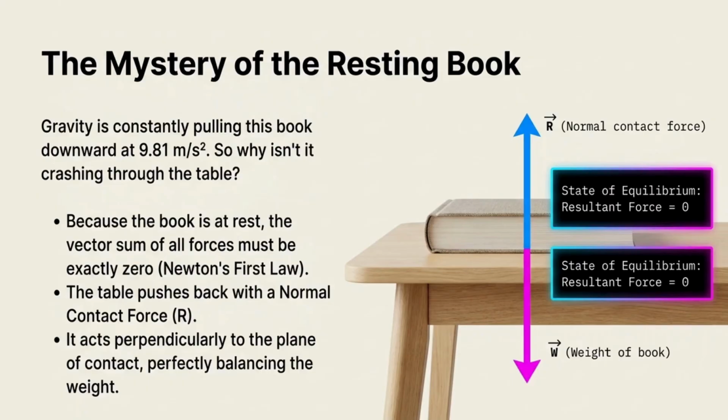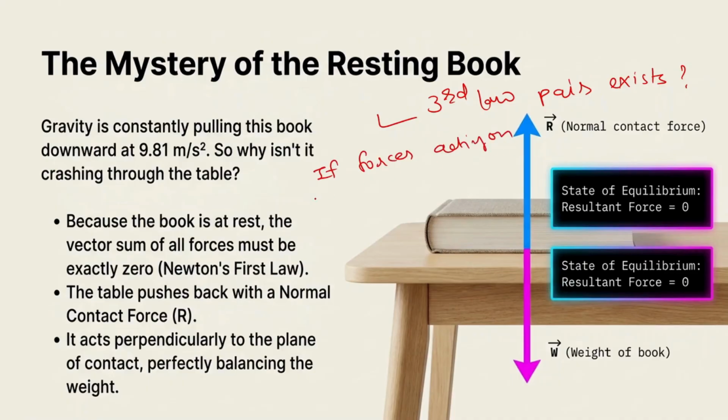So in this scenario, does any third law pair exist or not? One more thing that I have to add is, if a force is acting on one particular body and the body is at rest, that means it is in an equilibrium position.